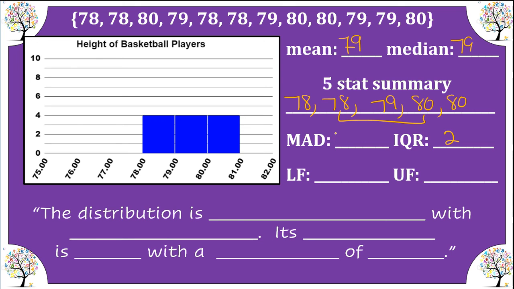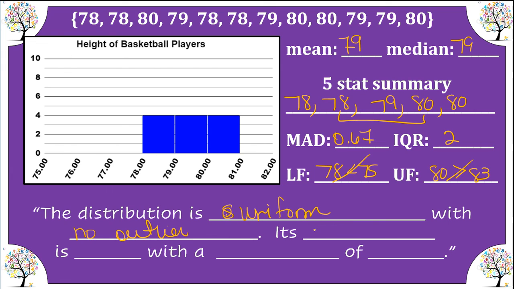The MAD was 0.67. My lower fence statement is 78 is less than 75. That is false. The upper fence is 80 is greater than 83. Again, that is false. So there's no outlier, which we would assume. So the distribution is uniform with no outlier.